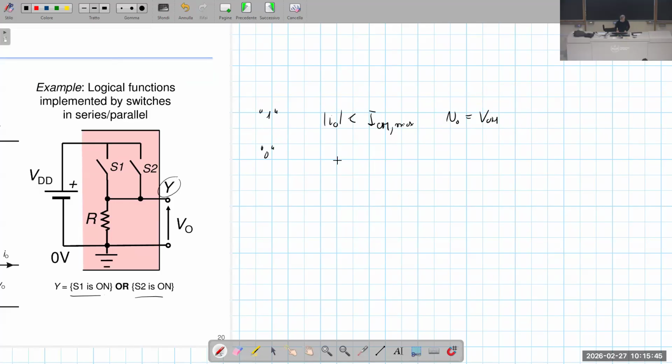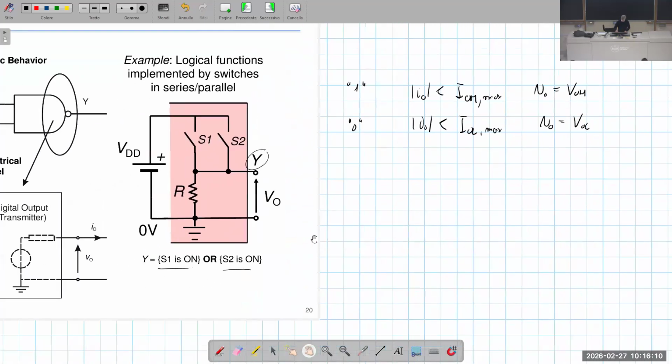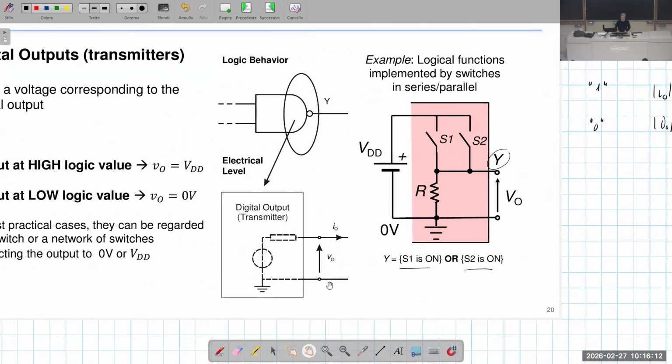At the low output state, the same: the output current should be less in magnitude than IOL maximum at the low level, to have VO equal to VOL. So the message is that everything works fine if we don't put resistive loads or especially low resistances at the output. Please.